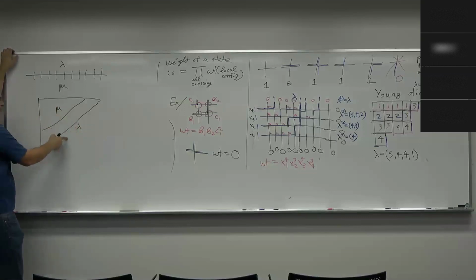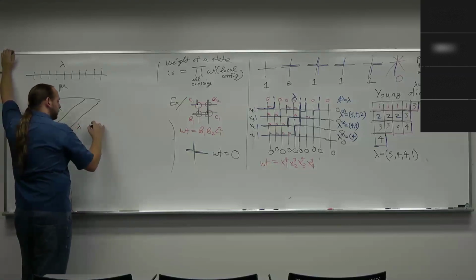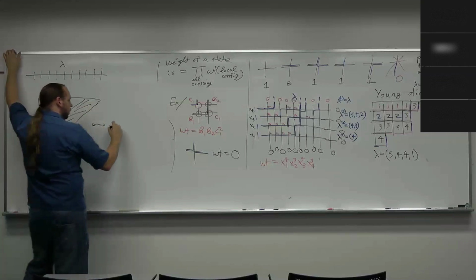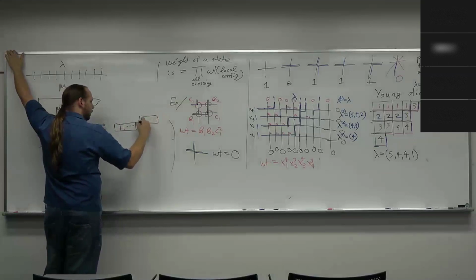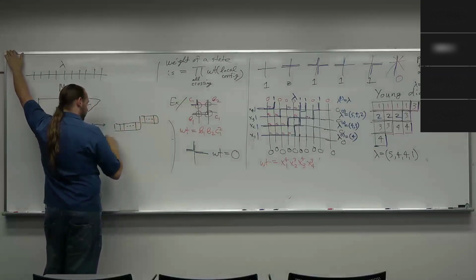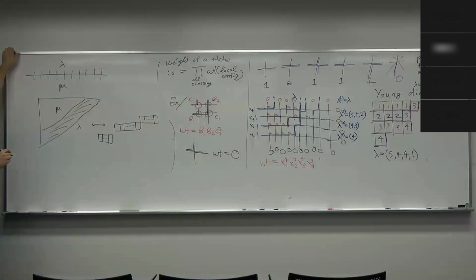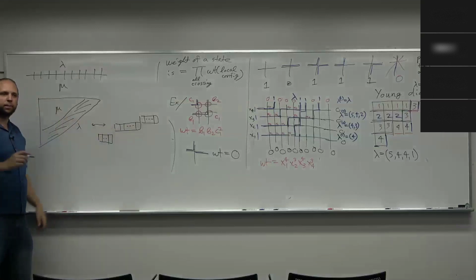And the first thing is that they're contained inside of each other. But if you look at their difference, the part that remains, you see that it ends up being only a bunch of horizontal strips.